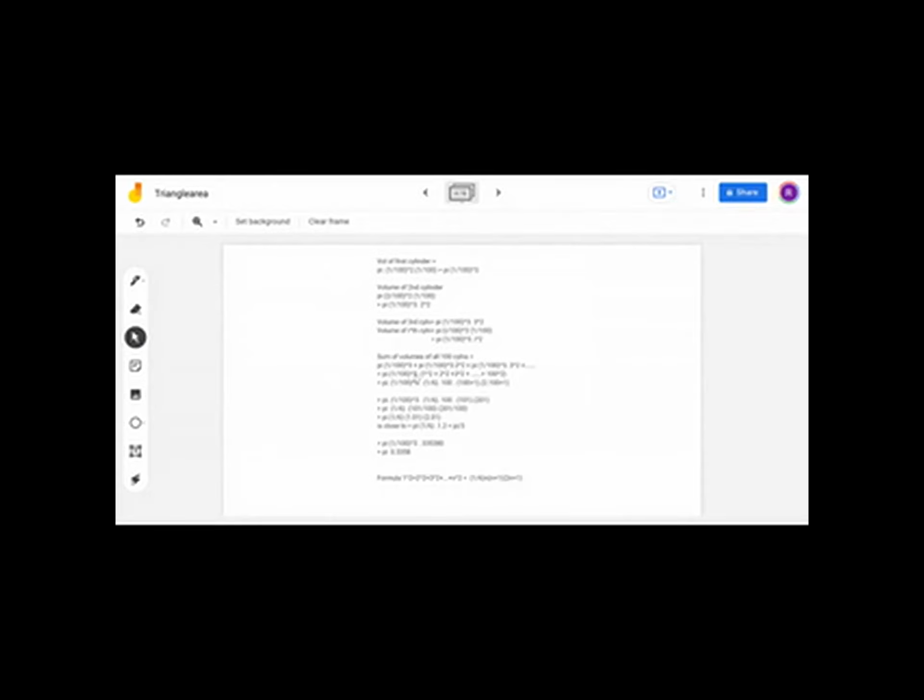By adding up all 100 of them, we get pi times (1/100) cubed times 1 squared plus 2 squared plus 3 squared till 100 squared. Then we use the formula for the sum of the squares of the first n numbers. By putting that formula in, we saw that it is very close to pi by 3, because it is exactly pi times 1/6 times 1.01 times 2.01.